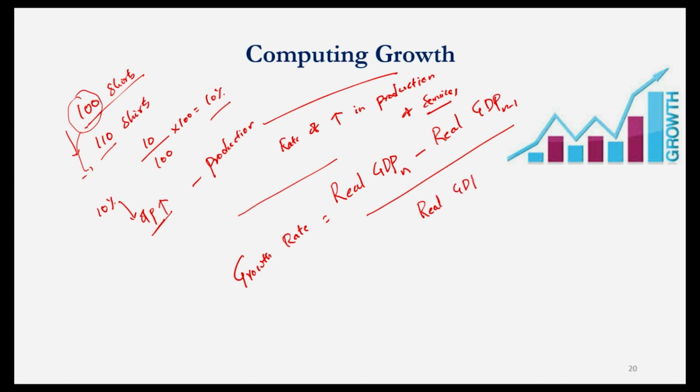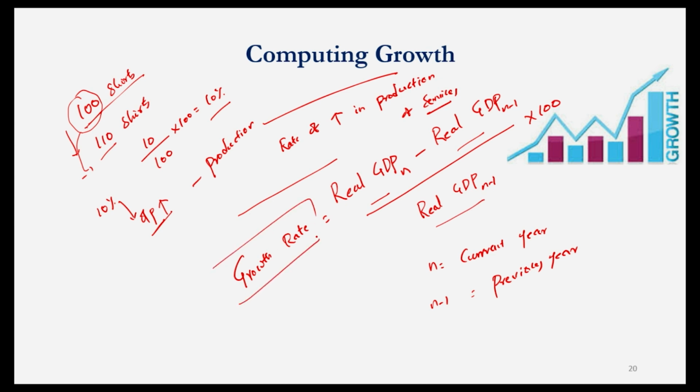So we only take real GDP into consideration to measure the growth rate, not nominal GDP. Real GDP of N, where N stands for the current year, and N minus 1 stands for the previous year. So what we are trying to do is take the real output of this year minus the real output of the previous year, divided by the output of the previous year, multiplied by 100, which gives you the growth rate.